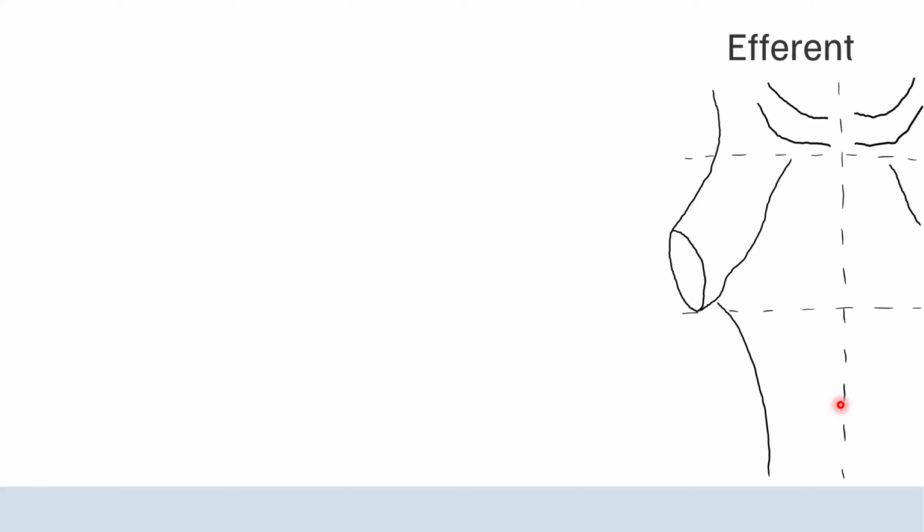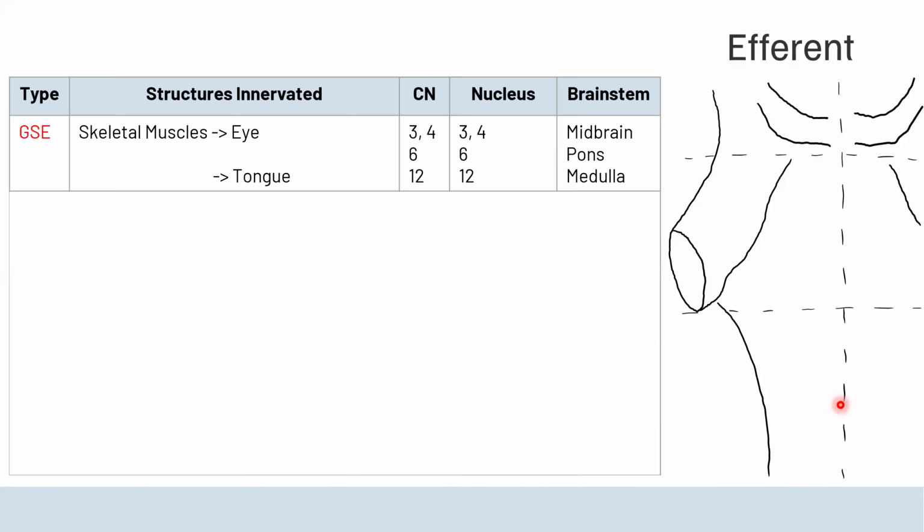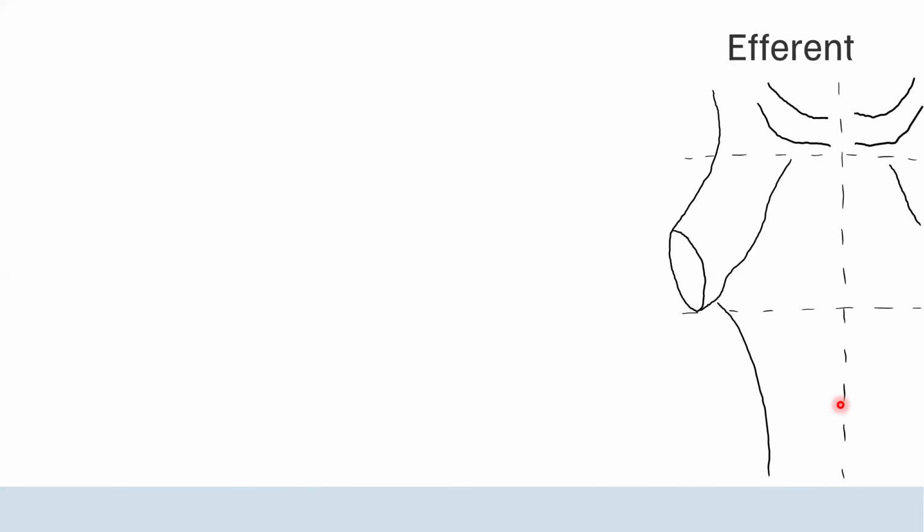Eyes, perfect, absolutely. The eyes and the tongue, you're absolutely correct. The eyes and the tongue are the skeletal muscles that are going to be our general somatic efferents.